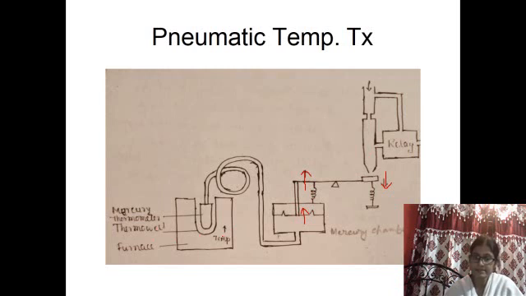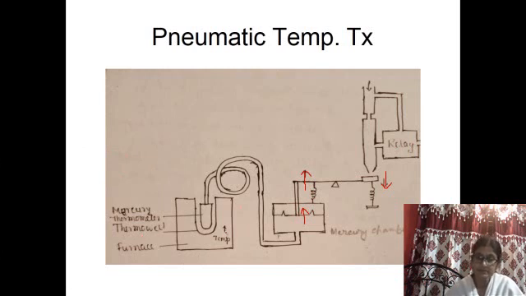Now in this case, when temperature increases, the output pressure decreases. So in order to maintain the proportionate signal, this relay should be chosen as reverse action type. For the previous two types of transmitters, when the process variable increases, the output pressure signal also increases.